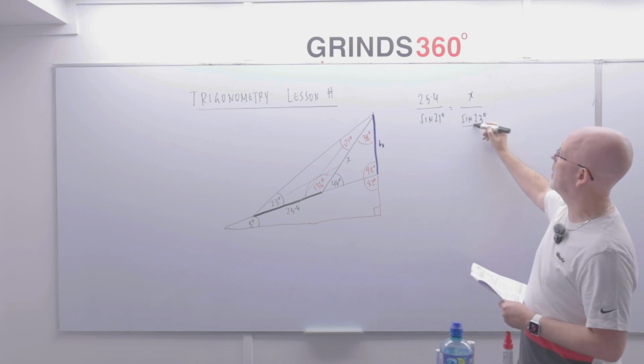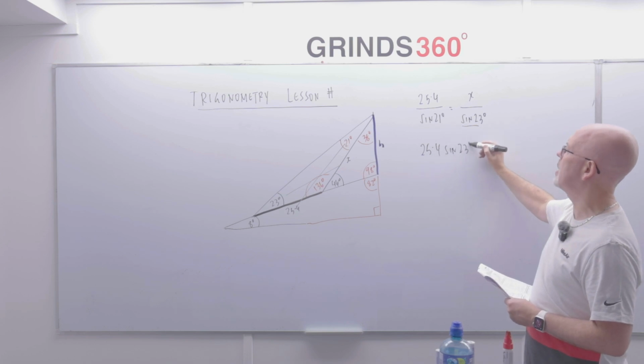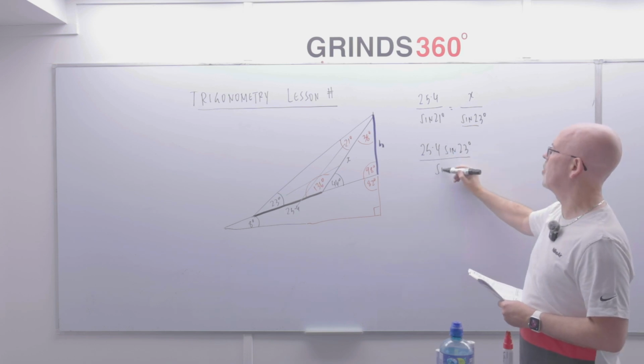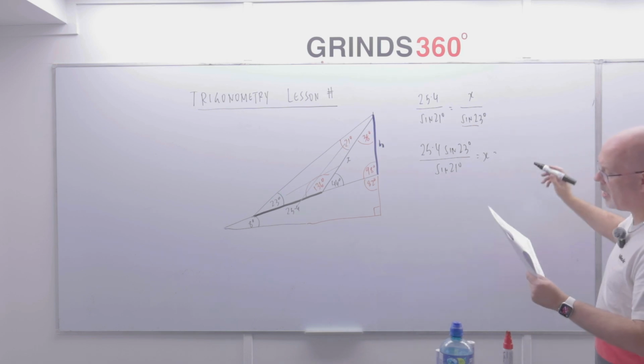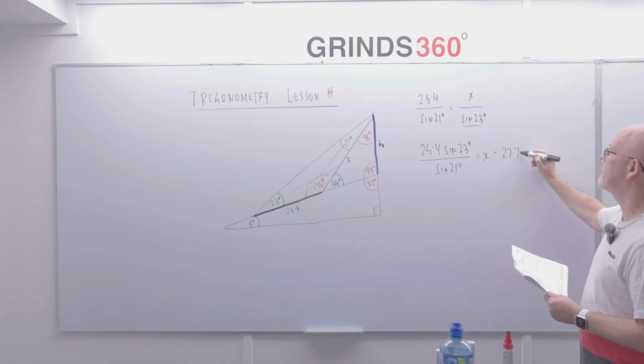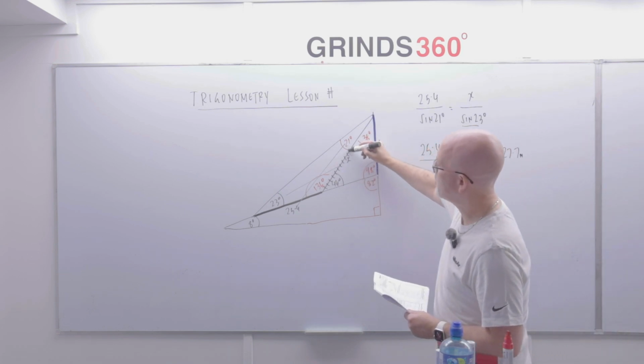Multiply both sides by this guy here, you'll get 25.4 times sine 23 degrees over sine 21 degrees is equal to x. And when you do that, x comes out at about 27.7 meters. So that's this line here, is 27.7.